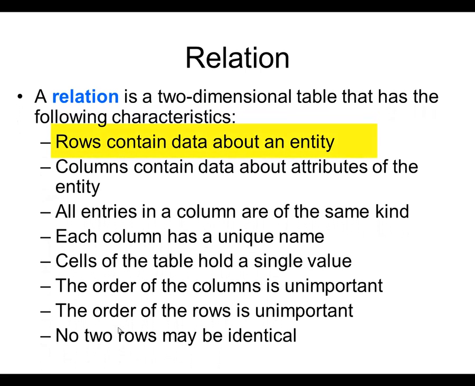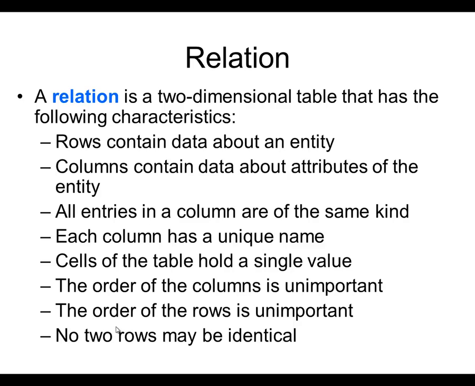A relation is a two-dimensional table that has the following characteristics. Rows contain data about an entity. Columns contain data about attributes of the same entity. If we look at the fields or columns, you will see that under name, we have all names. Under street address, we have all street addresses.